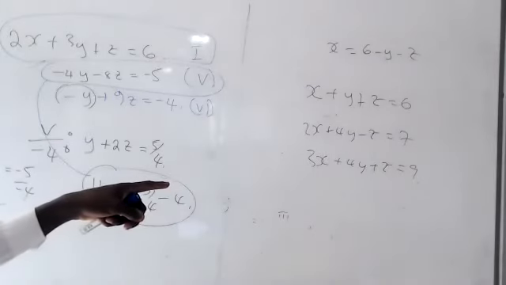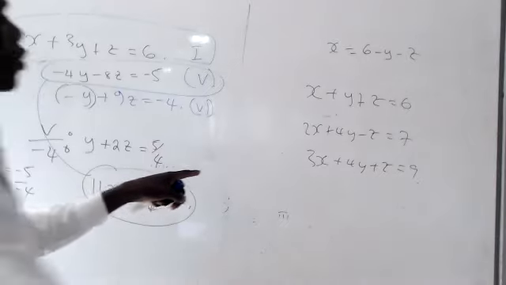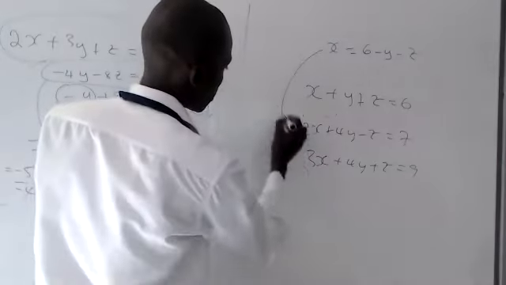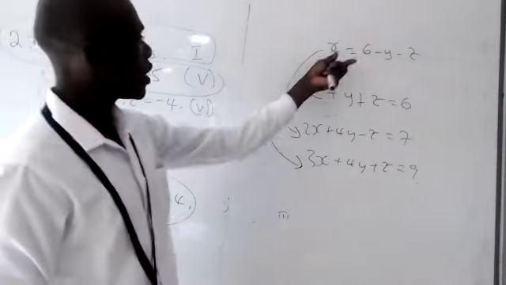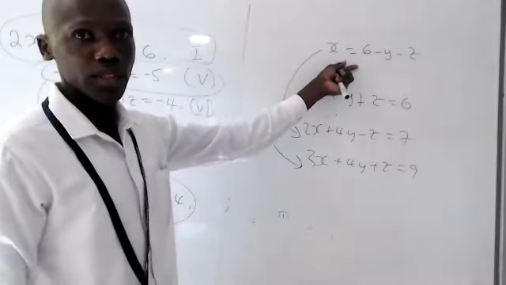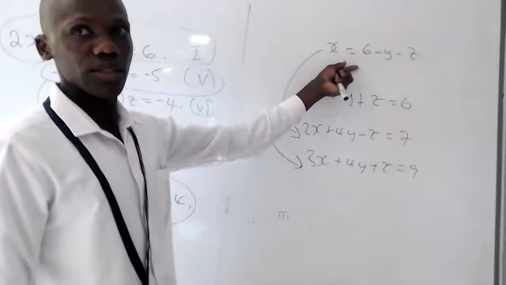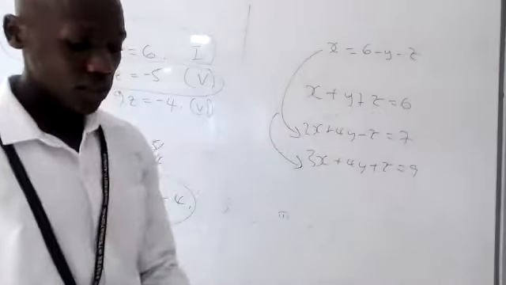Did I get it right? Yes. Then now you put this in the second and in the third one. That's okay. Yeah, that will work, because this way now you'll have only two unknowns, y and z. That will still work.